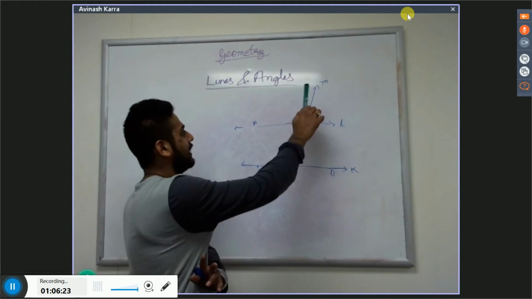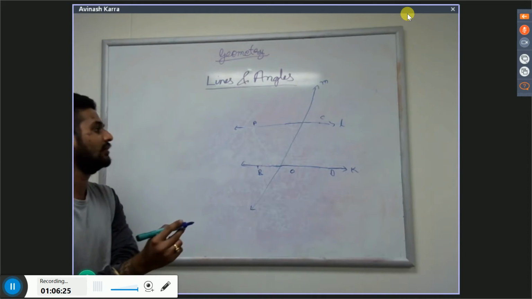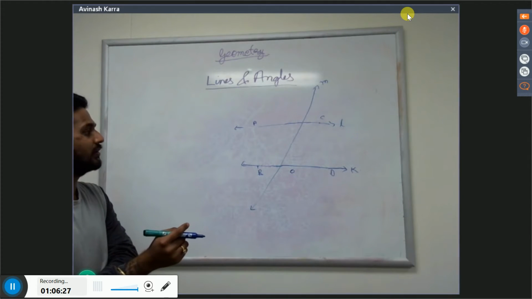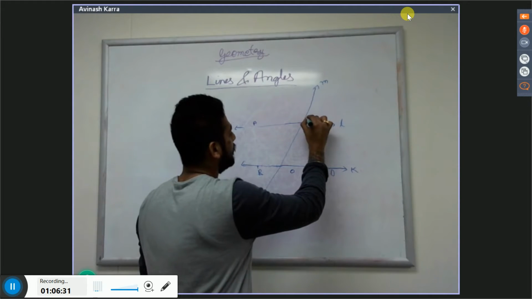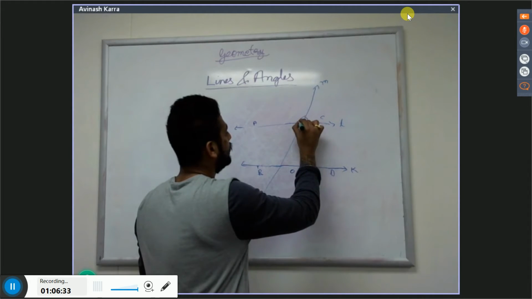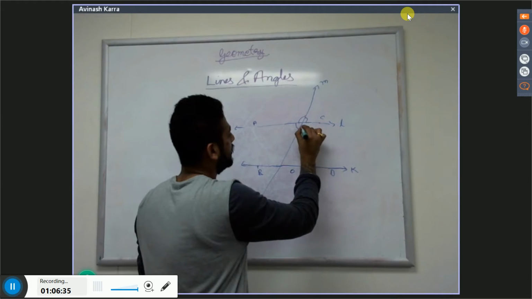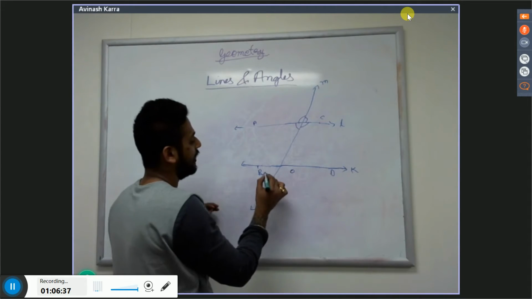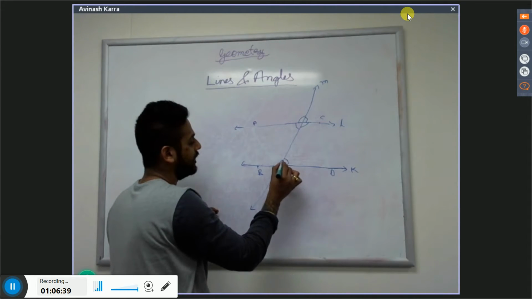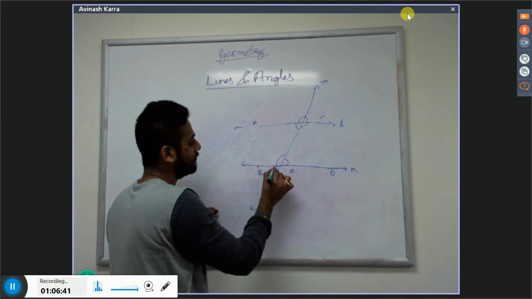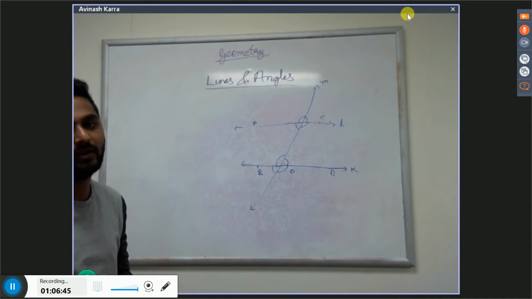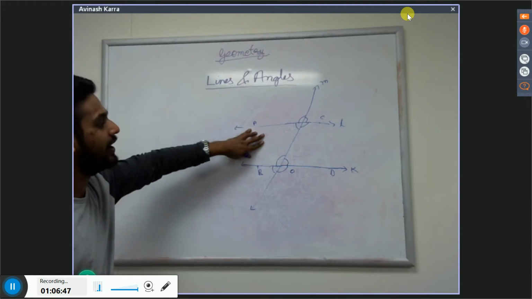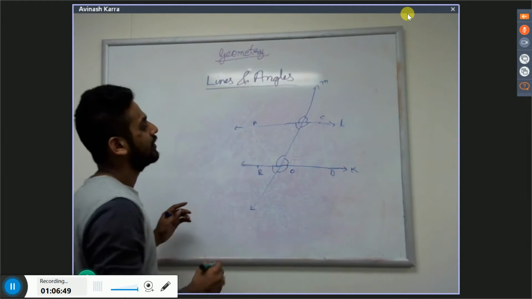Altogether 8. On line L, 1, 2, 3, and 4, and on line K, 1, 2, 3, and 4. Right? So altogether 8 angles are formed.